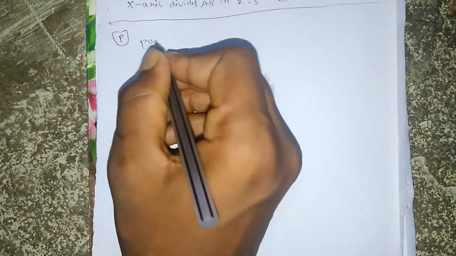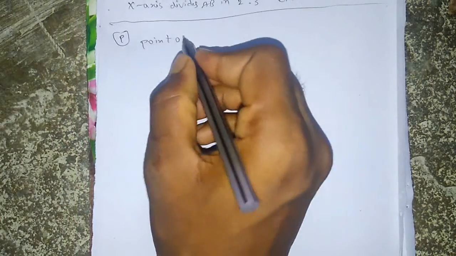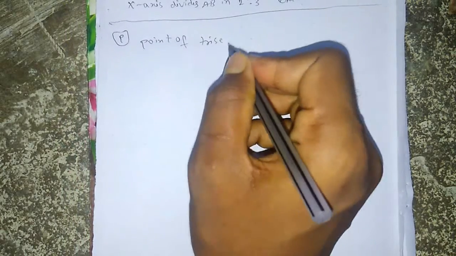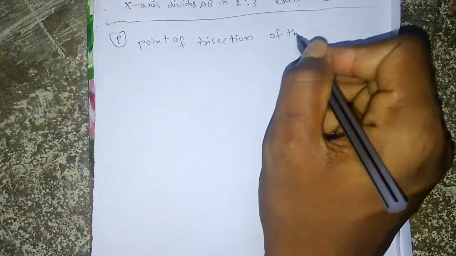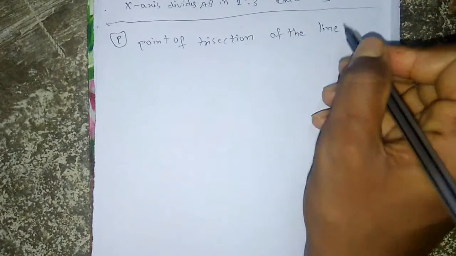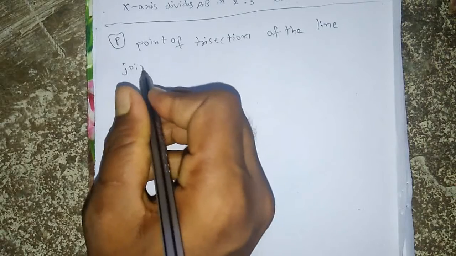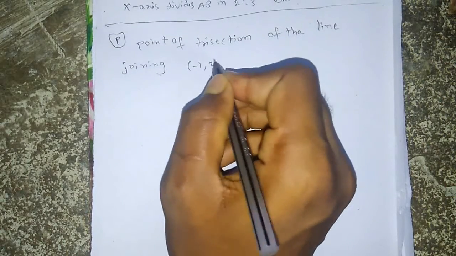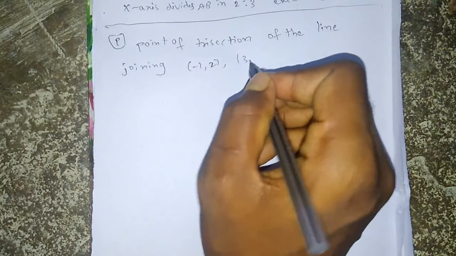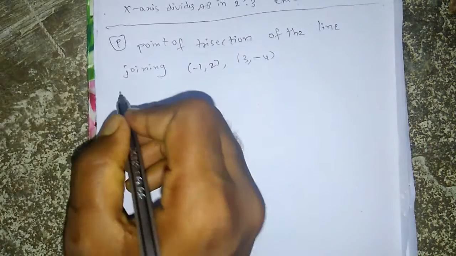Next problem is, the points of trisection of the line joining (minus 1, 2) and (3, minus 4).